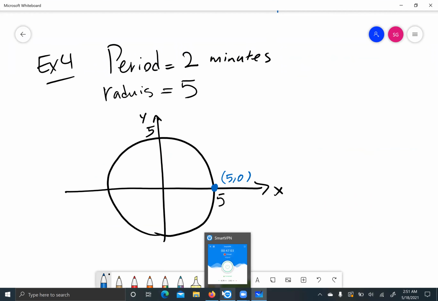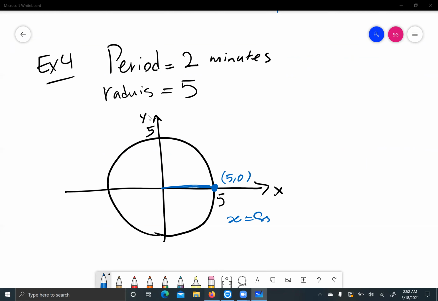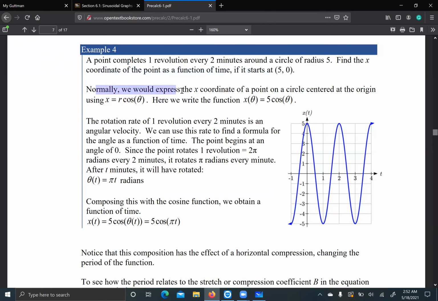So the x coordinate is what? It is the cosine, right? x gives us the cosine. So this is a cosine function. That's what I'm trying to say. The x coordinate of a point on a circle is r cosine of theta.